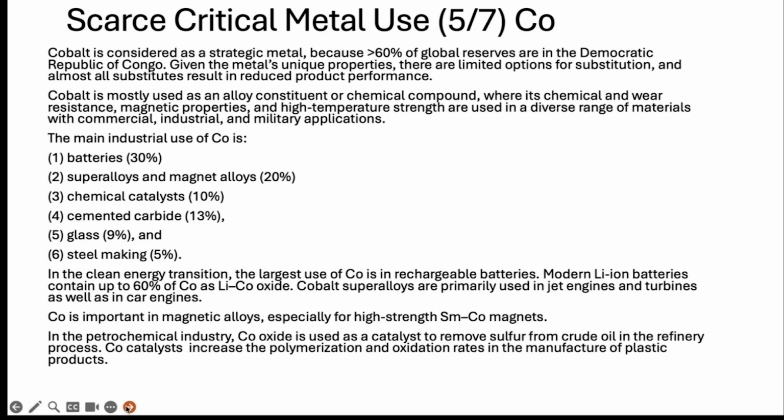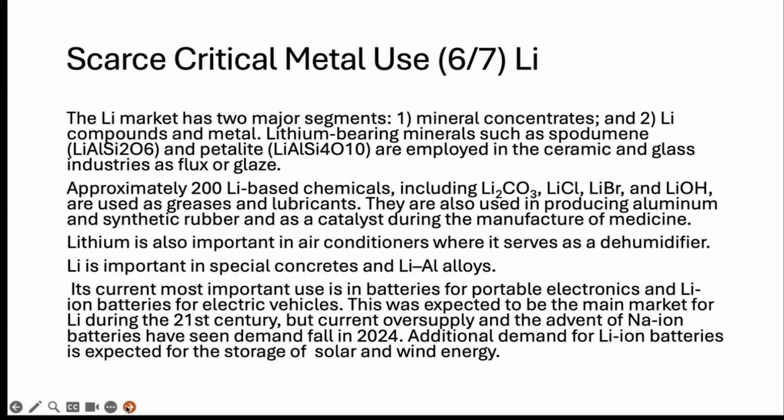So lithium is the next one. And there's two major segments in the lithium market. There's mineral concentrates and lithium compounds and metal. Lithium-bearing minerals such as spodumene, which is a lithium pyroxene, if you will, and petalite, which is something else, are used in the ceramic and glass industry as a flux or glaze.